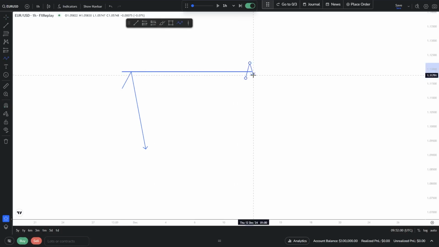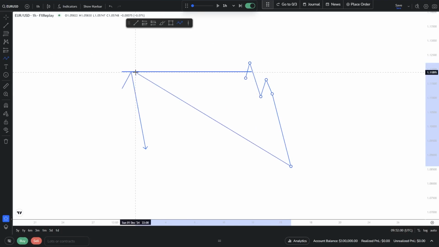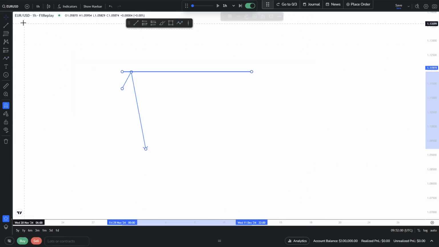Whenever we take a valid liquidity point, we expect some sort of reaction. Now, this reaction could be a reversal or a pullback depending on the liquidity that we take, right? Perfect. So that is the one thing.